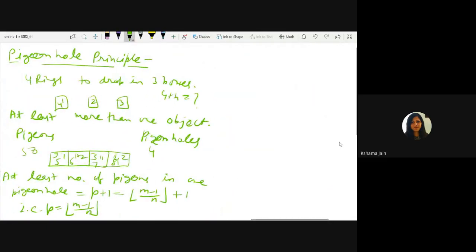Now, what comes first for the question? What is M? What is N? M is the number of pigeons, and N is the number of pigeonholes. First, from the question itself, you will understand that the objects which we are going to shift are pigeons, and the places where we are shifting them are the pigeonholes.